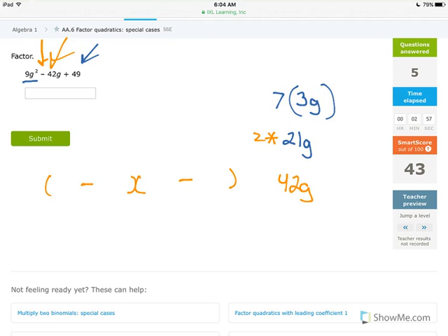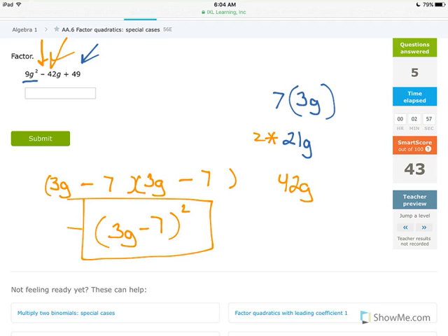So the square root of 9g squared is 3g, and the square root of 49 is 7. So there's your two repeat factors, and you can write that as a squared binomial since you have two of the same factors being multiplied. So there's your final answer.